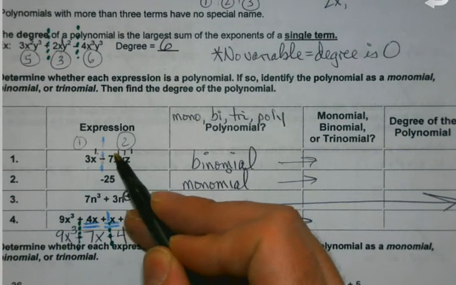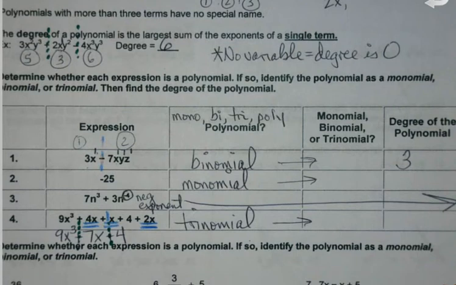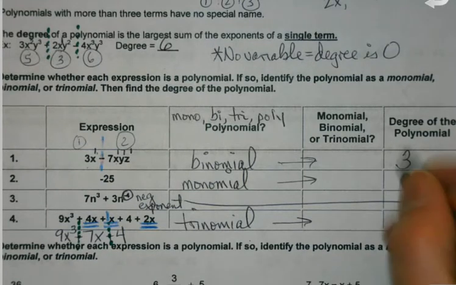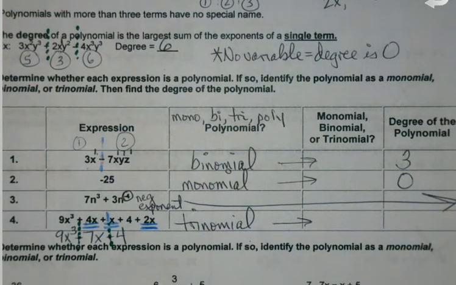But this one has 1, 2, 3. So my degree is just the biggest sum of my exponents. What about number 2? 0. Yeah, the second one's 0. If I don't have a variable anywhere, it's 0. If I have any variables, it'd be at least 1.